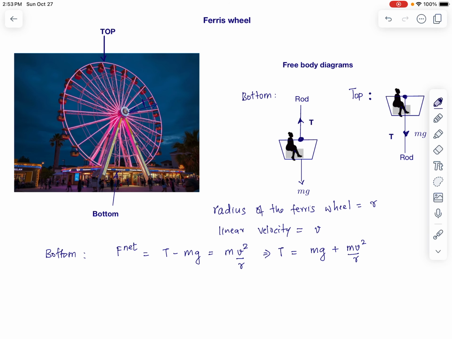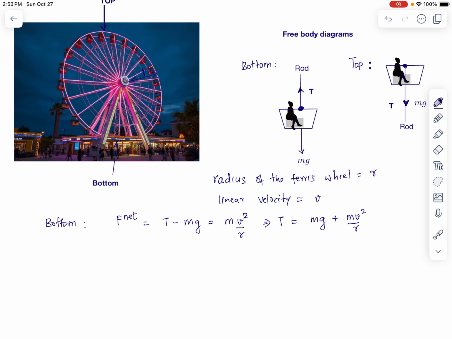Now let's look at what happens at the very top. Here, the rod links the gondola with the center, and it is pointing downwards. So the tension in the rod also points downwards.